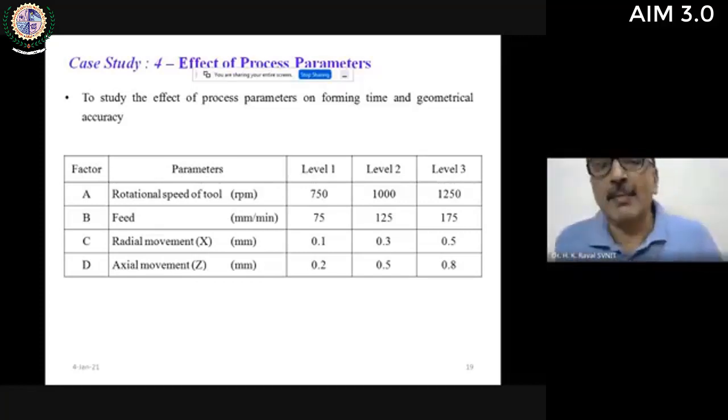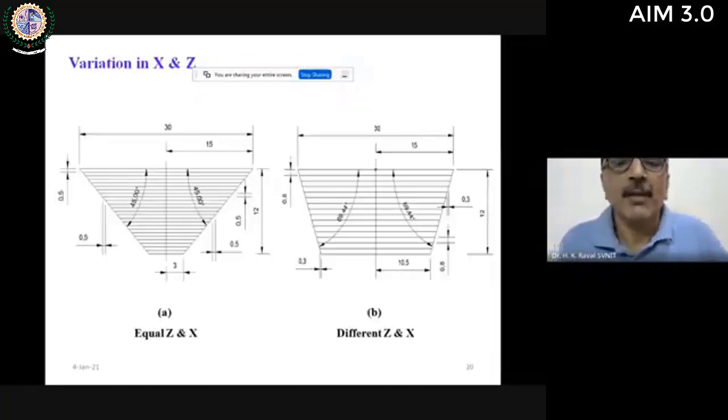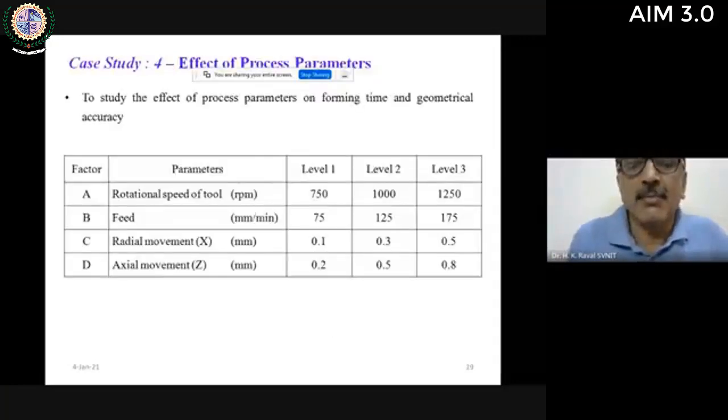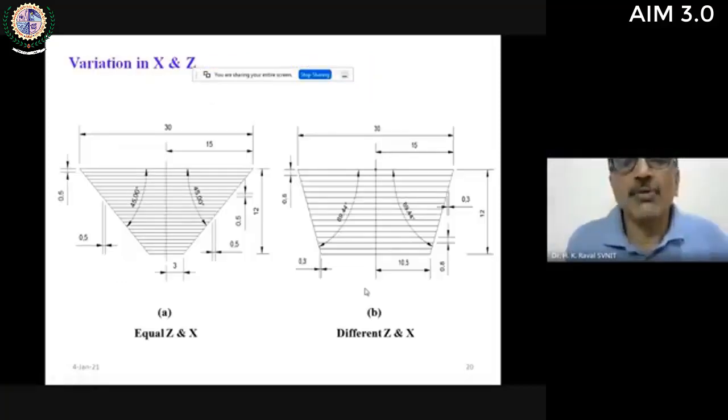That is how the parametric study was conducted. In this study, as both X and Z are not constant but varying, you are able to generate cones of different angles. So this is the understanding of the different cone angles.